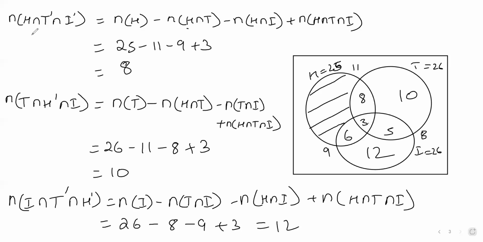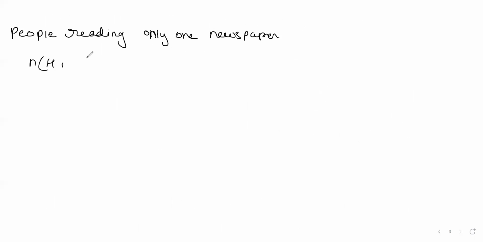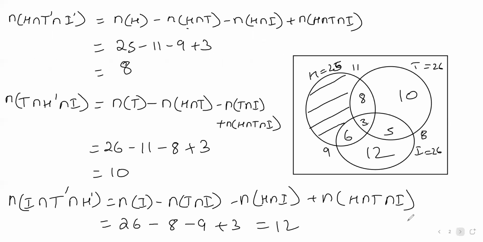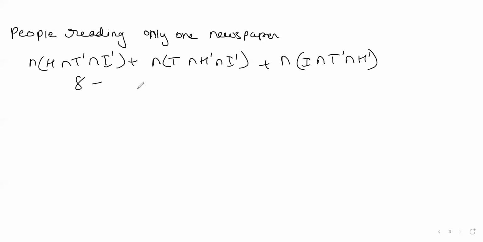People reading only one newspaper is people who are reading only H, not T, not I, plus people who are reading only T, not H, not I, plus people who are reading only I, not T, not H. So only H is 8 plus 10 plus 12. So this will become 30. This is your answer.